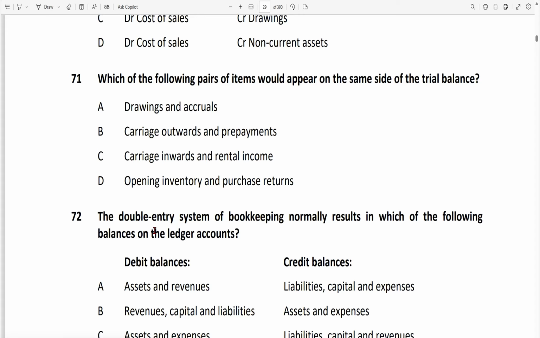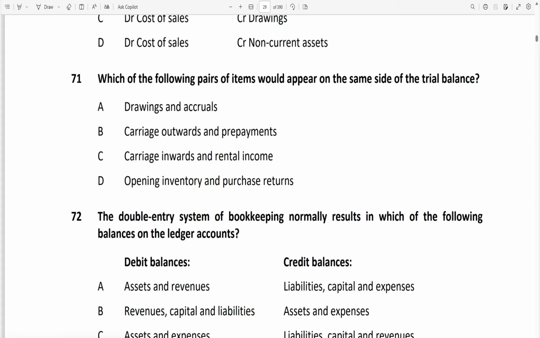B, carriage outward, it is an expense, right? And prepayment is paying an amount in advance, right? So it is an asset and it will be on the debit side. So both are on the debit side, so option B seems to be correct.